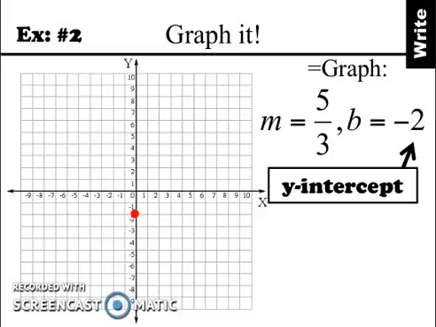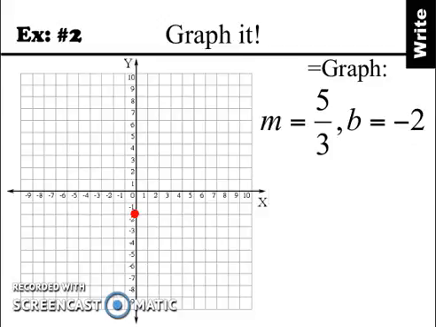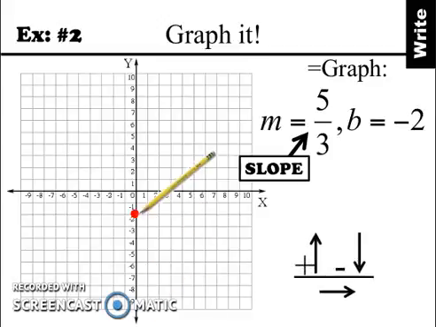And our slope is 5 over 3. Again, we have to keep in mind, since 5 is positive, it's going to move up 5 units and 3 to the right.